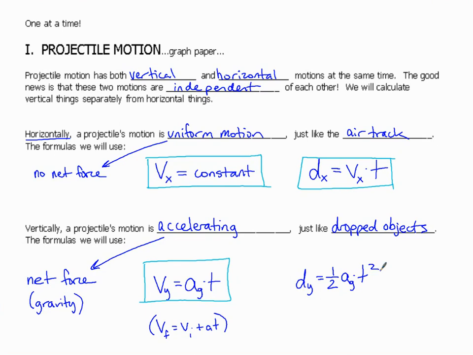And this comes from a previous formula also. Distance equals 1/2 AT squared. So these are the four formulas that we use for projectile motion. So you want to come back and look at these. We're going to use these a lot.